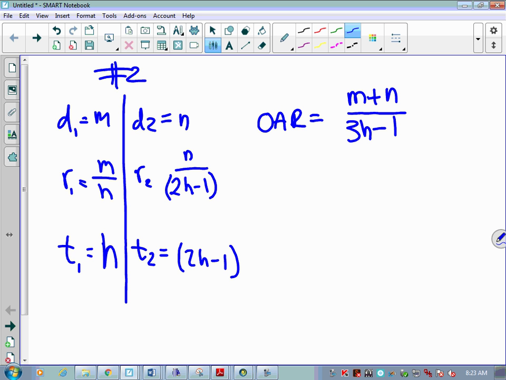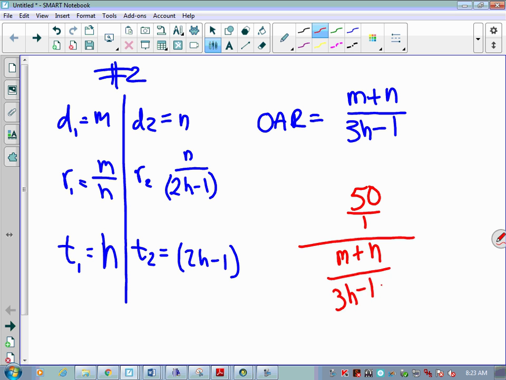If we're asking for how long, time is distance over rate, right? So we're going to take 50 miles, 50 over 1, divided by my rate of m plus n over 3h minus 1, which means we're going to multiply by the reciprocal.